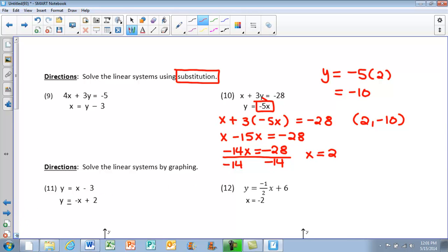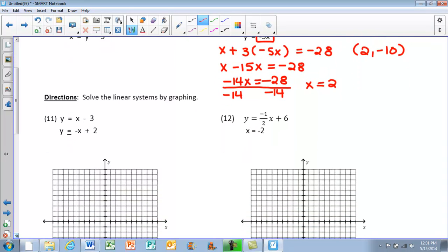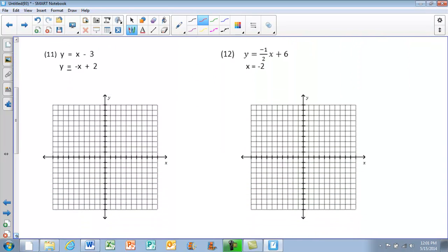Okay, moving on to our systems where we are going to solve using graphing. If we take a look at our first equation, my slope is going to be negative 1/2, and my b, or my y-intercept, will be at (0, 6).